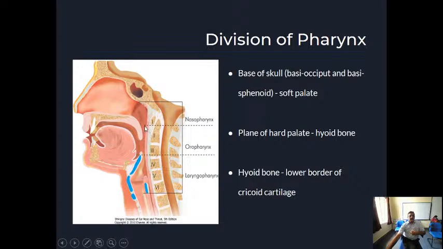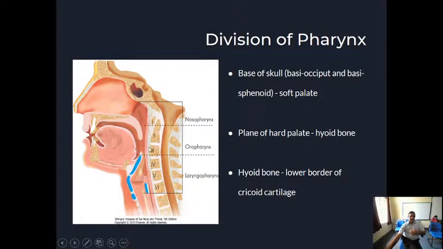Then, as it comes down, an imaginary line drawn at the level of the soft palate, to an imaginary line at the level of the tip of the epiglottis, that cavity is called the oropharynx. Posteriorly you have the second and third vertebral bodies.